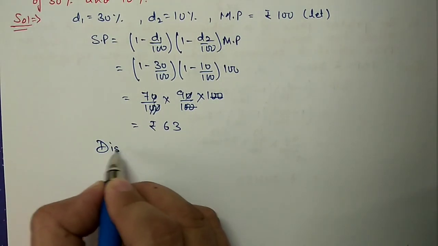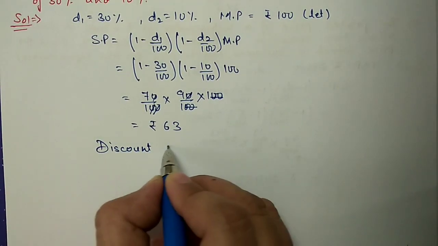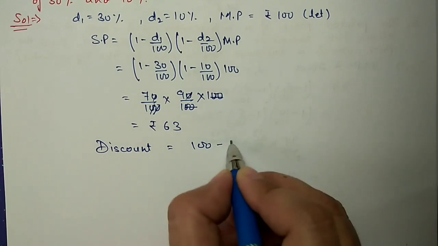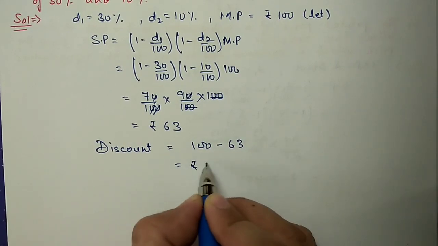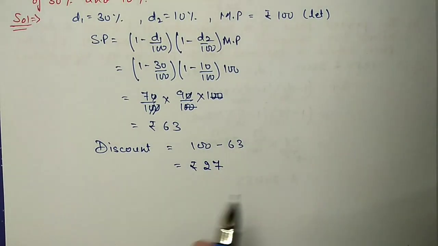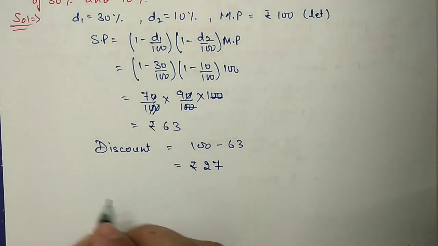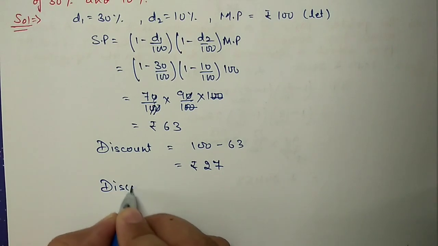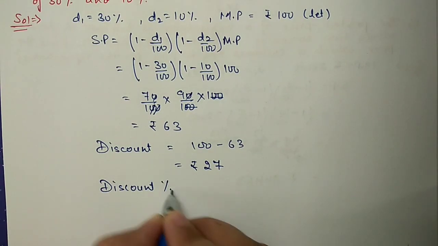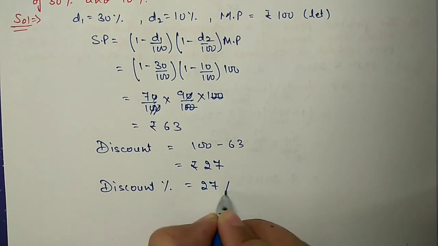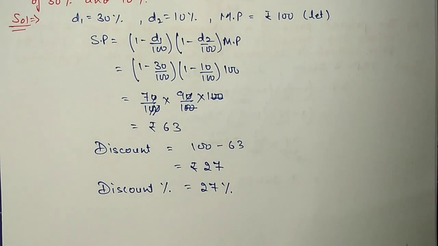Actually he is getting a discount of 100 minus 63, 27 rupees, and because we are doing the calculation for 100 rupees, this will be the discount percent. So the equivalent discount percent will be 27%.